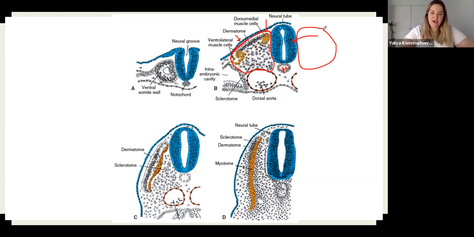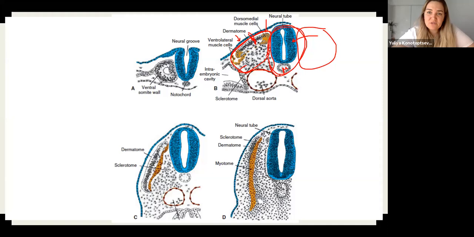What does each somite consist of? Myotome, dermatome, sclerotome. Agree with me that sclerotome should be closer to the neural tube and notochord, because it will give rise to cartilage. These cartilages will fuse around the neural tube and notochord, creating the vertebral column, the individual vertebrae. Dermatome should be closer to the epidermis, because together they will be the skin.